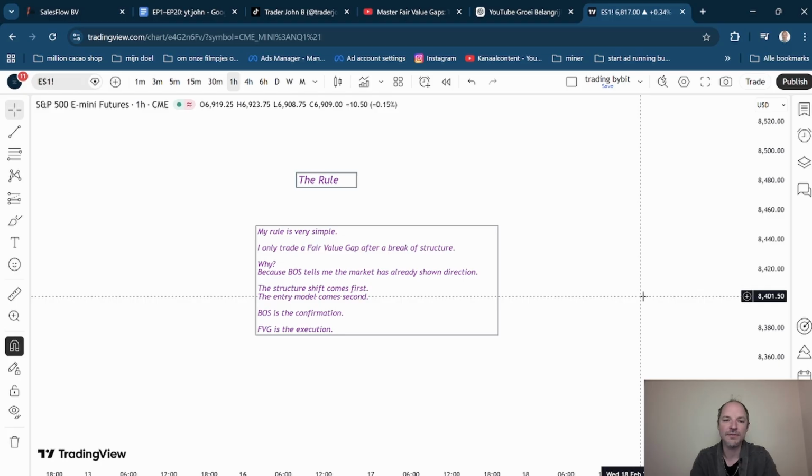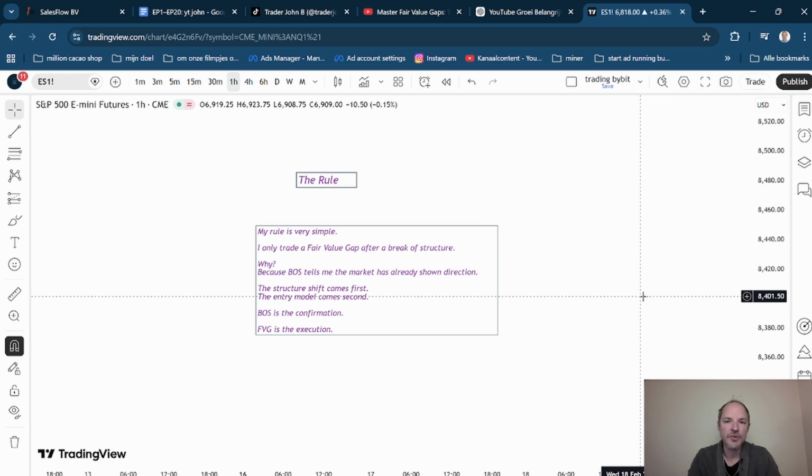My rule is very simple. I only trade fair value gaps after a break of structure, so a BOS. Why? Because the break of structure tells me that the market is moving again in the same direction.